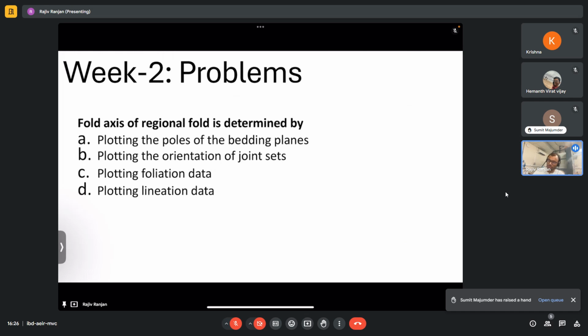So I will just draw a stereographic projection. This is north, this is south, this is east, this is west.